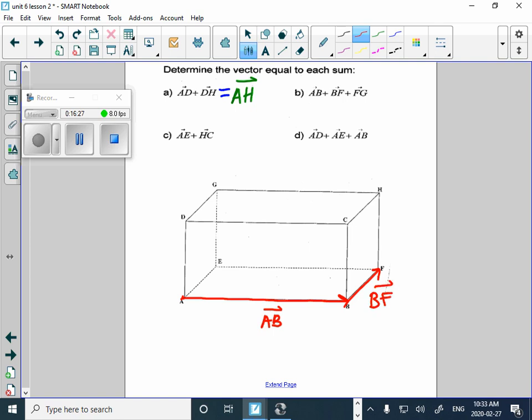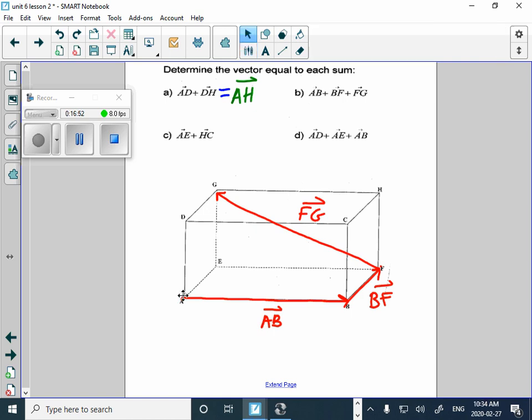And lastly, I'm adding to that vector FG, which starts in the back and goes to the back corner. So all in the back there. Vector FG. That is the same vector as starting at A and ending up in G. So my final result would be vector AG.